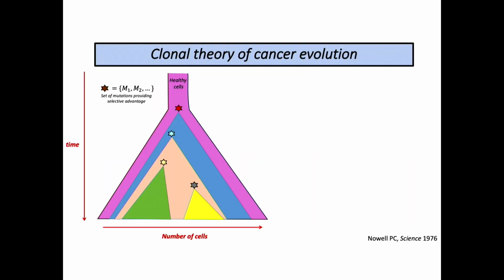A cartoon picture depicting this process is here. From the healthy cells, assuming that a single cancer cell with the first mutation, you can see how eventually the tumor cells acquire mutations, and the prevalence would be depicted as the length of the line segment here.